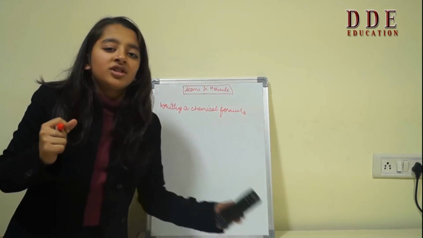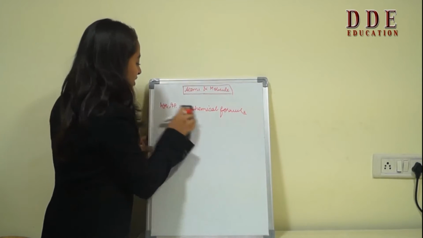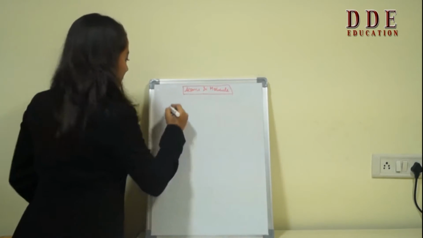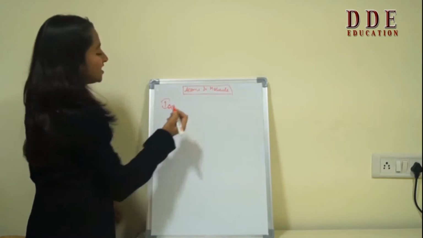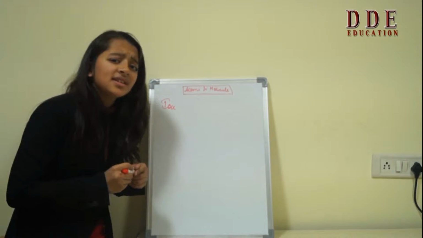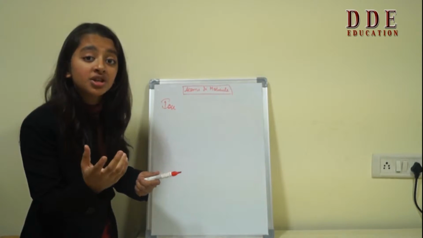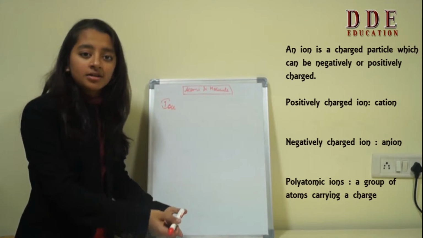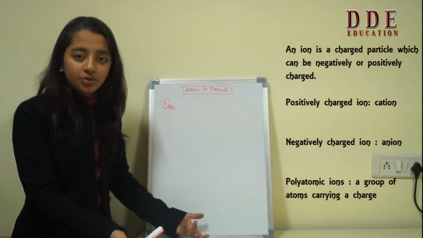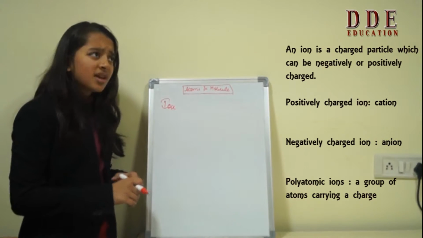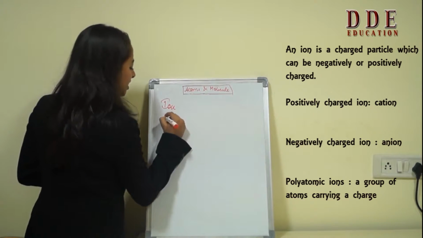I did it deliberately so that the word ion came in. Okay, what is an ion? A charged species is called an ion. The charged species of an atom, a molecule, etc. is an ion. A very simple example of an ion is aluminium.